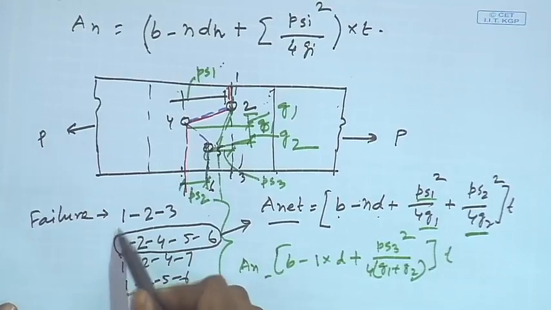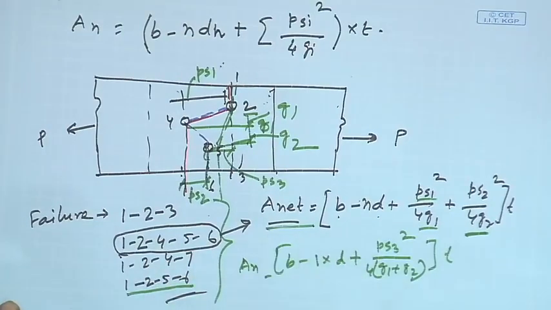So, case to case we have to consider what the N value is, and accordingly we have to find out the most critical one, right.